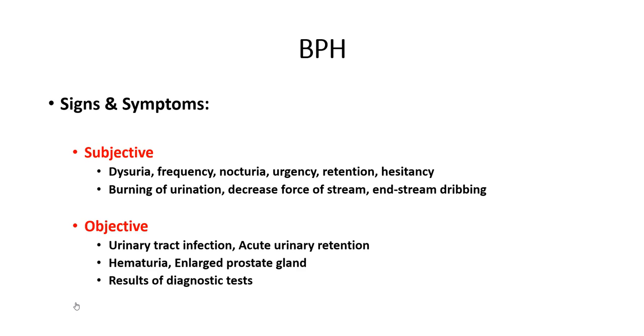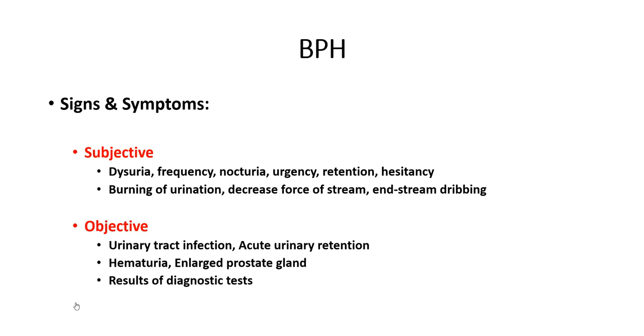Sometimes you may see orders that say if there's more than 200, 300 milliliters in the bladder, put a catheter in. You're checking with the UA, should do it as well. Hematuria, we don't check for that. The provider's going to do a digital rectal exam to feel for the prostate to see how large it is, and we'll talk about some diagnostic tests in a second.